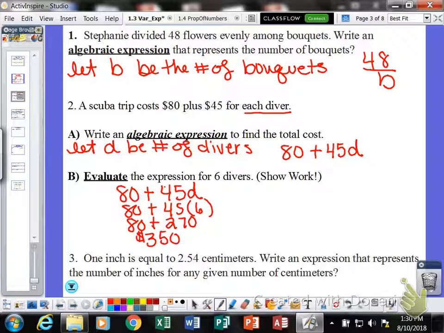So 240, 270, and then 70, 80, yep, 350. If I'm wrong, please let me know.